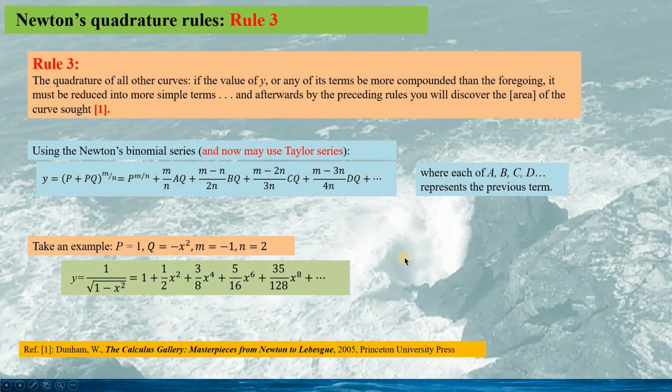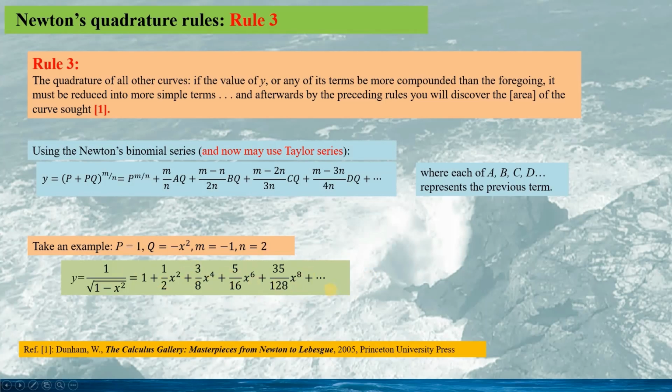Take an example, P equaling 1 and Q equaling minus x squared, m equaling minus 1 and n equaling 2. Based on Newton's binomial series, we can expand the binomial function as this into the binomial series.